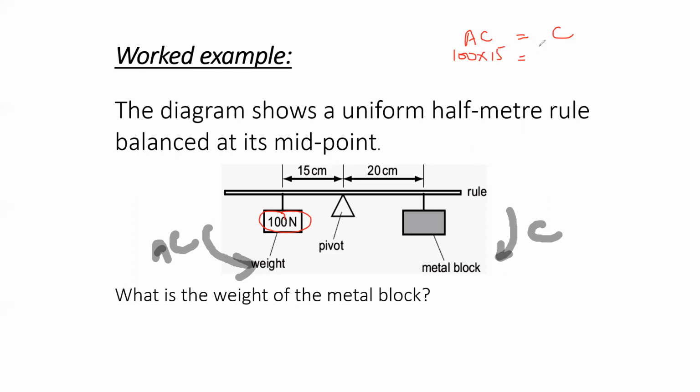For the clockwise moment, the force, the weight, we don't know, and the distance of this metal block from the pivot is 20. So if this 20 is multiplied on one side, on the other side it will divide. So it will be 100 multiplied by 15 divided by 20. And when you solve 100 multiplied by 15 divided by 20, that comes out as 75 newton.